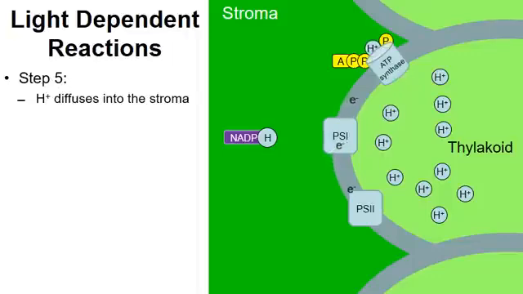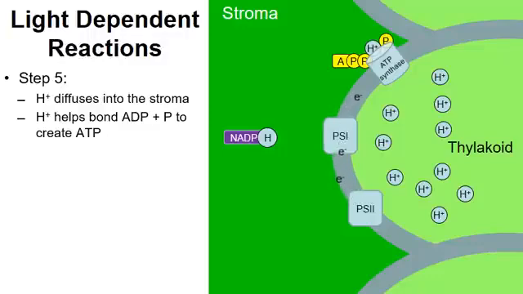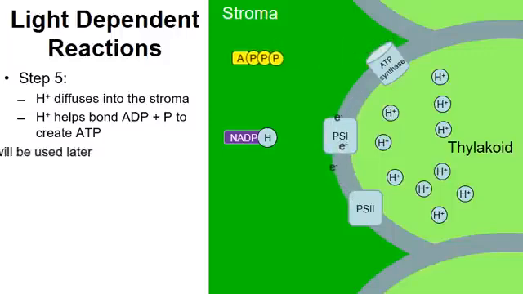Moving from high to low concentration, hydrogen diffuses through ATP synthase and helps to bond a molecule of ADP, adenosine diphosphate, with another phosphate. When that happens, they bond to make a molecule of ATP.